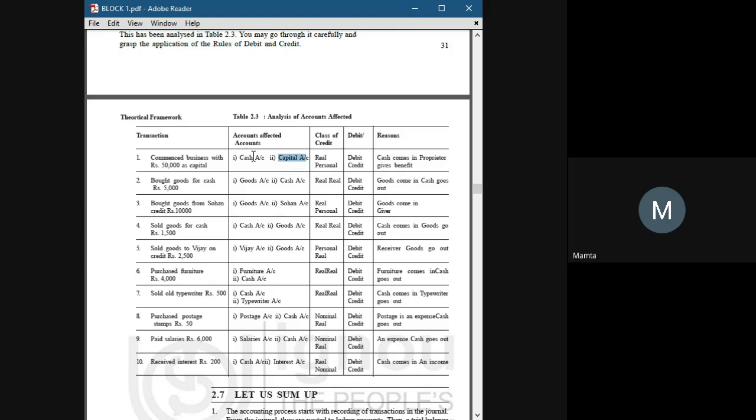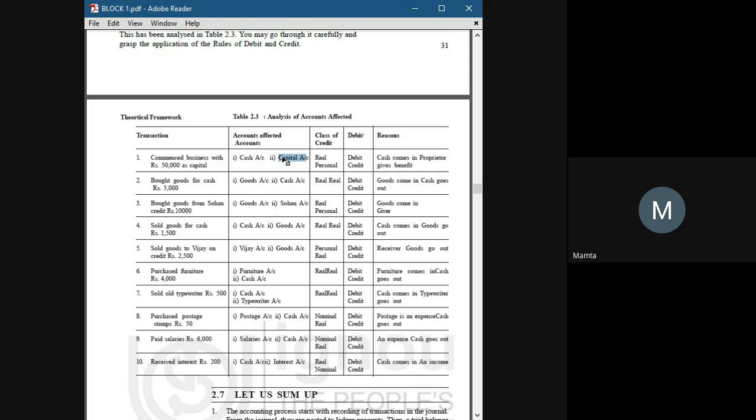So when we start a business with rupees 50,000, it will affect two accounts. First, cash account, because we get cash in our business, and there is a capital account.